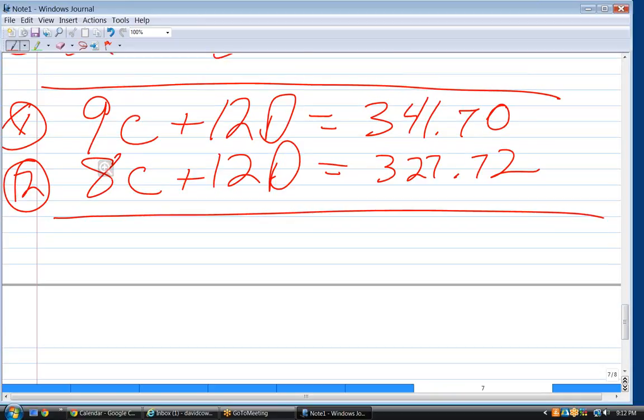Because it affects what's going to happen with C and the number. In other words, the fact that I have to subtract these doesn't make 17C, it makes 1C, equals 13.98. You've just solved for the price of a CD.